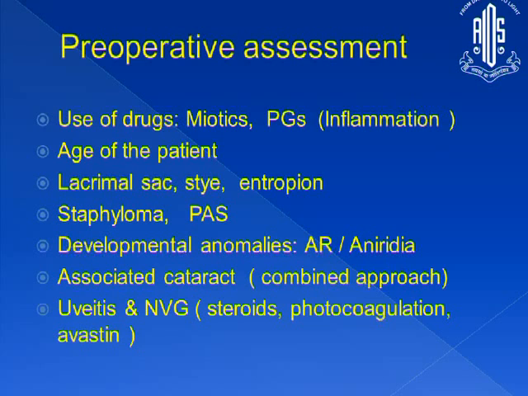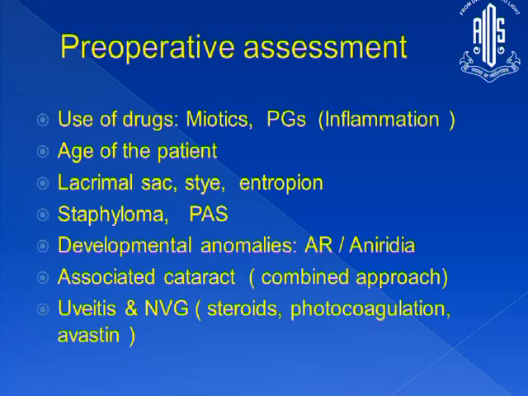Age of the patient is very important to decide the surgery. If the patient is very old, only limited pressure lowering may be required, and you may opt for other options like conservative treatment or laser trabeculoplasty. Look for focus of infection in the lacrimal sac, stye or entropion, and staphylococcal blepharitis. Peripheral anterior synechiae, or any developmental anomalies like axial field anomaly or aniridia, may require the use of viscoelastic to deepen the anterior chamber.